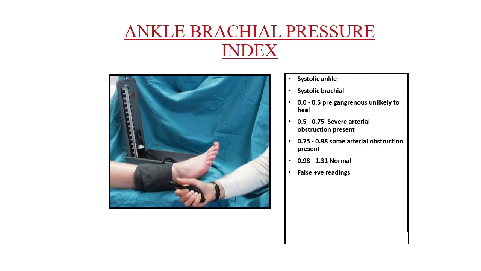The normal ankle brachial index is from 0.98 to 1.3. The lower it gets, the more severe the degree of peripheral arterial disease. On the other hand, an ankle brachial index of more than 1.3 means the patient has atherosclerosis and a false positive reading, and we cannot depend on this test.